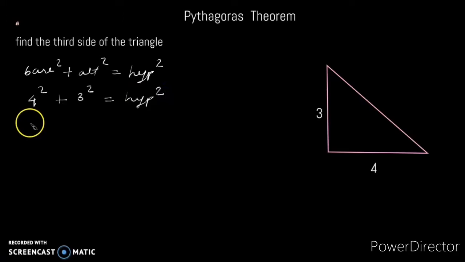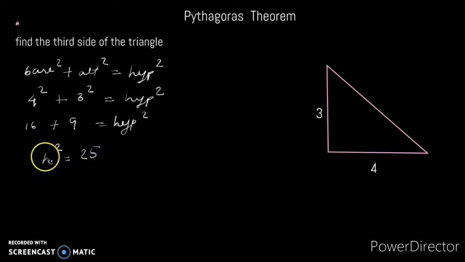4 squared is 16. 3 squared is 9. That is equal to the hypotenuse squared. I'll write the hypotenuse as h for convenience, so h squared is equal to 16 plus 9, that is equal to 25.